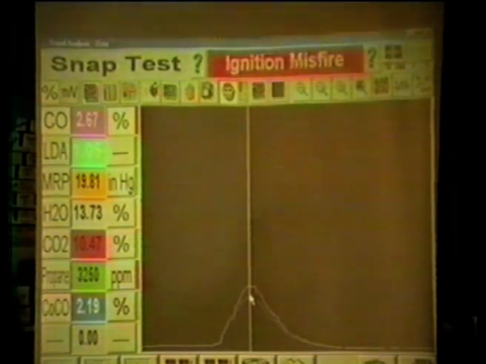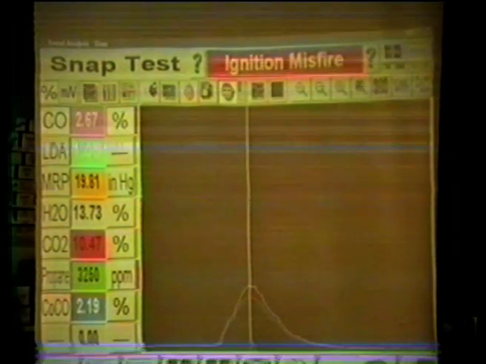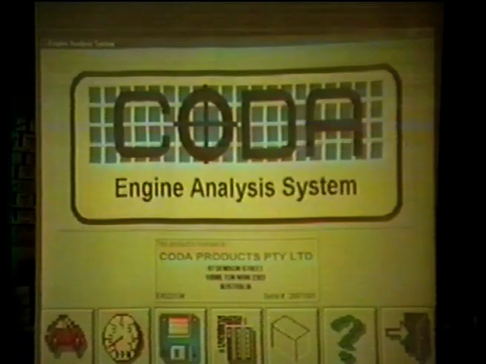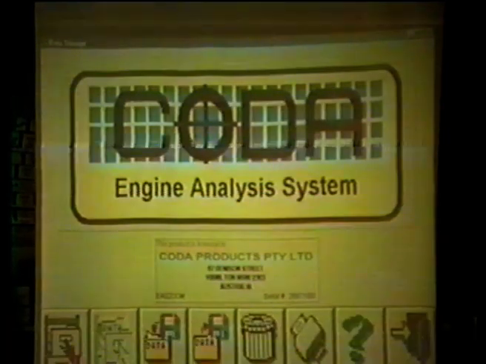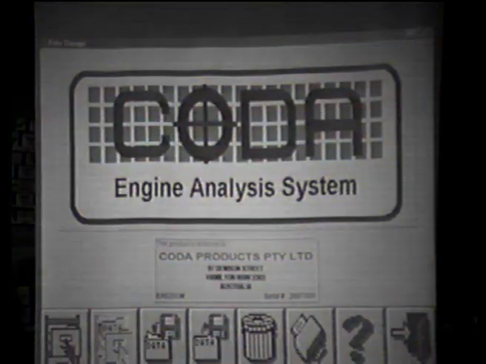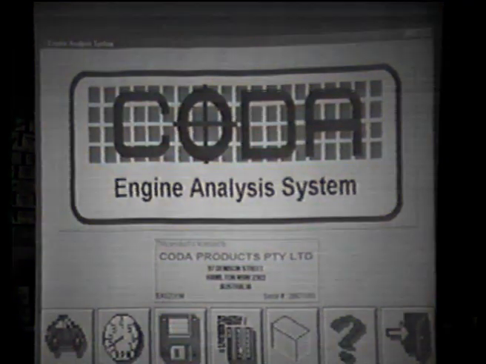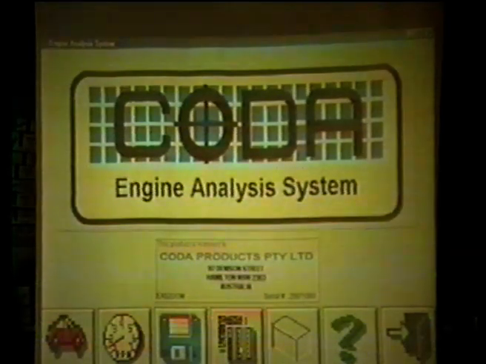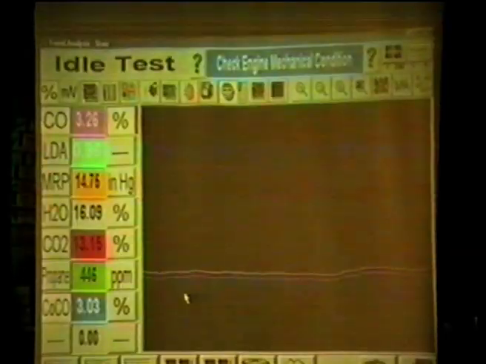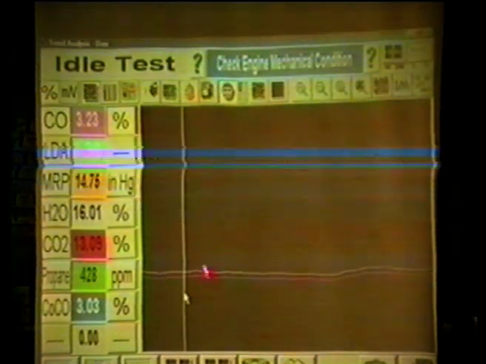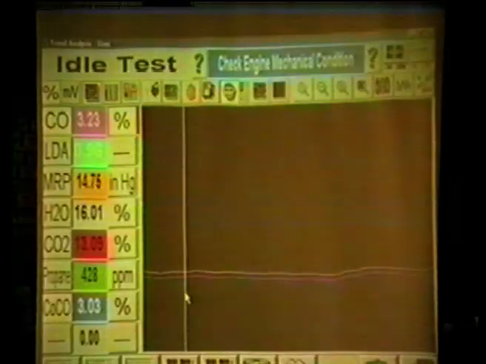Right? So if we look in this car that failed the engine mechanical test, this one here, we're looking here. You can see that the two lines have diverged completely.